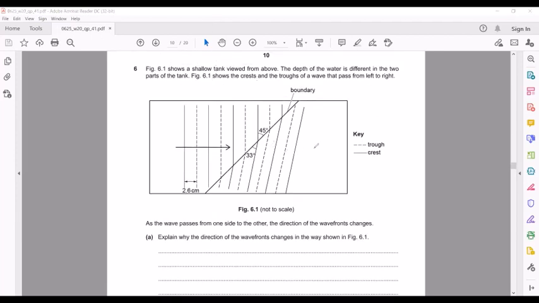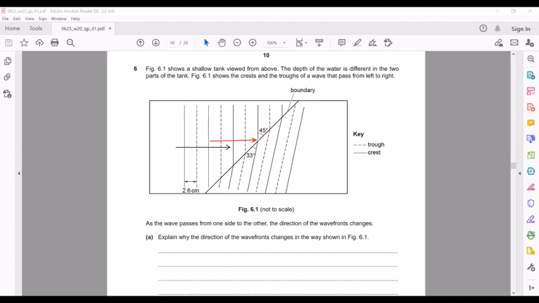Refractive index means the ability of a medium to bend light. The angles are given, but what about the angle of incidence and angle of refraction? See, the arrow representing the direction of the wave is always perpendicular to the wavefront. So this is the direction.